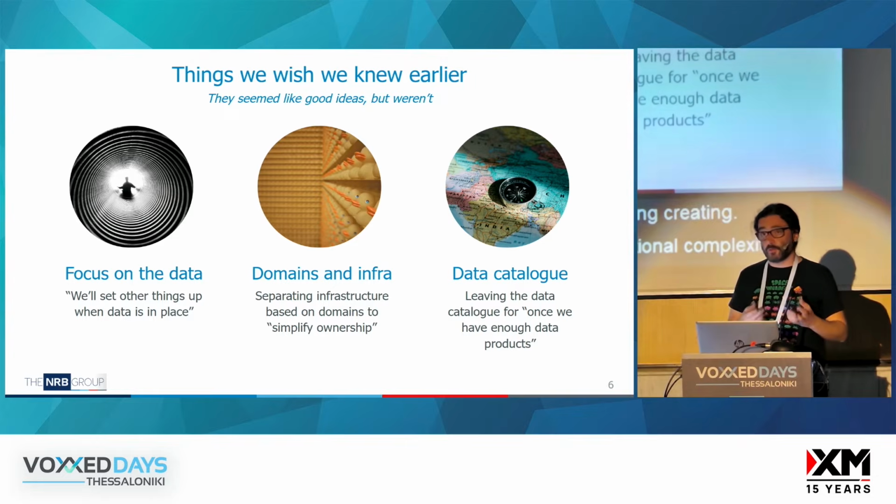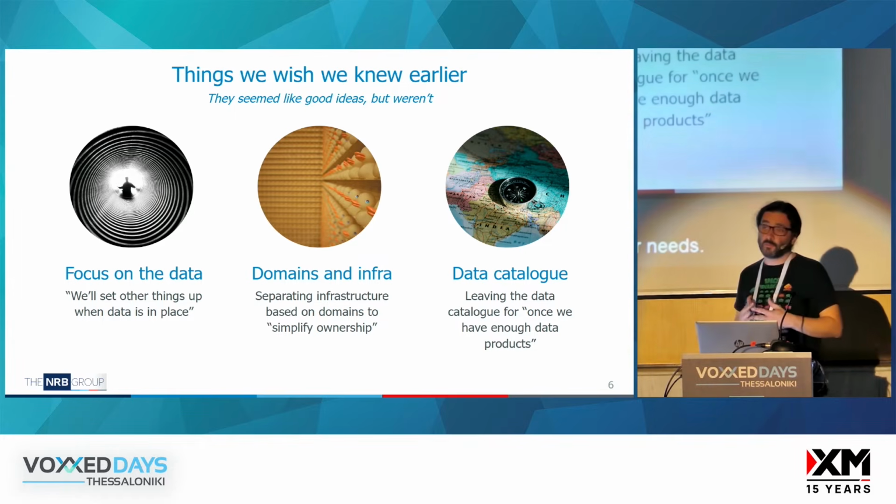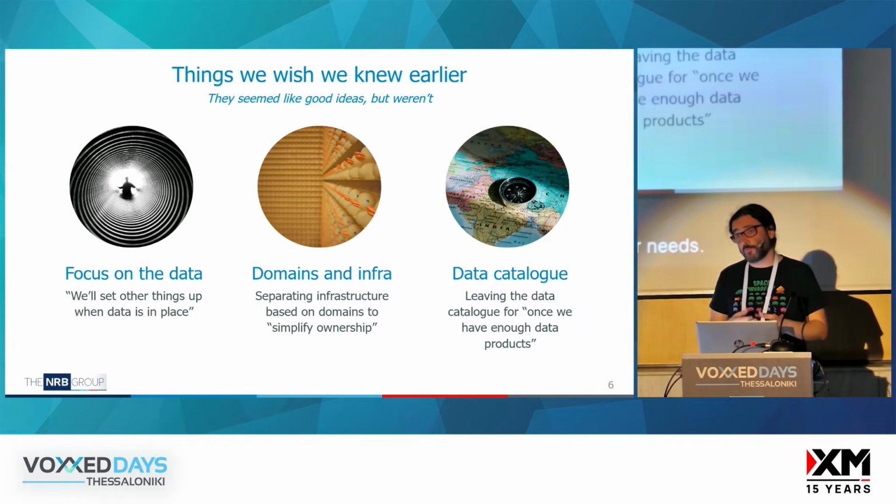So initially, we thought that similar data products would have similar needs. This was not the case. Also, we left the data catalog for a later stage. Not as good a decision. Okay, the organization could be reluctant to adopt a solution, but it's something that we should push and strive for.